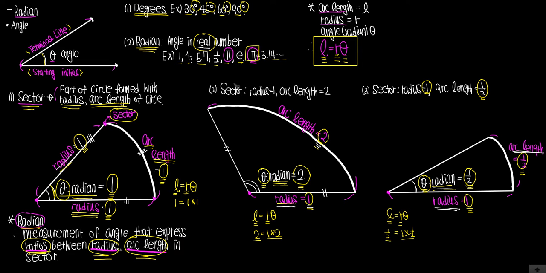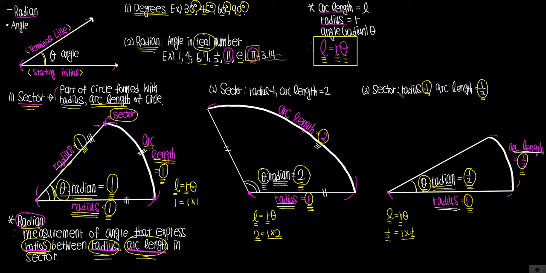And in order to derive a formula, we thought about the second example, where the radius is usually assumed to be positive 1 unless something else is stated. And when the arc length increased to 2, because this is a ratio, so the radius doesn't really have to be 1, then theta, which is an angle in terms of radian, increased and became positive 2.